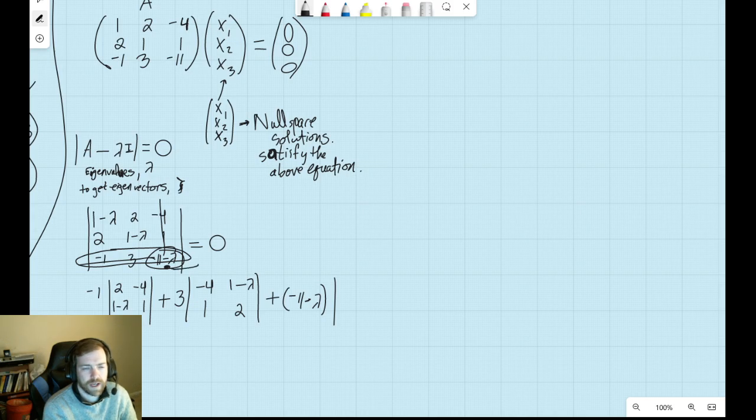Well, I go to the right, I can't stay here. Wraps all the way around. And then I need to go down, but then there's nothing here. So I circle back all the way to the top again. So that's going to be 1 minus lambda, 2, 2, 1 minus lambda, is equal to 0.